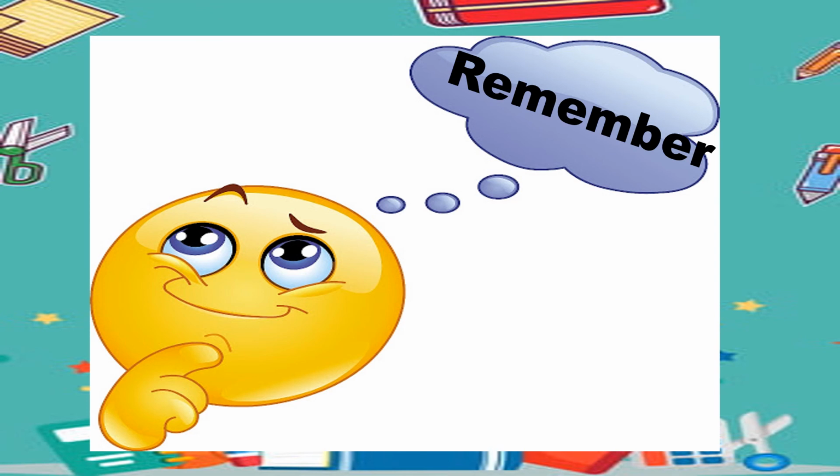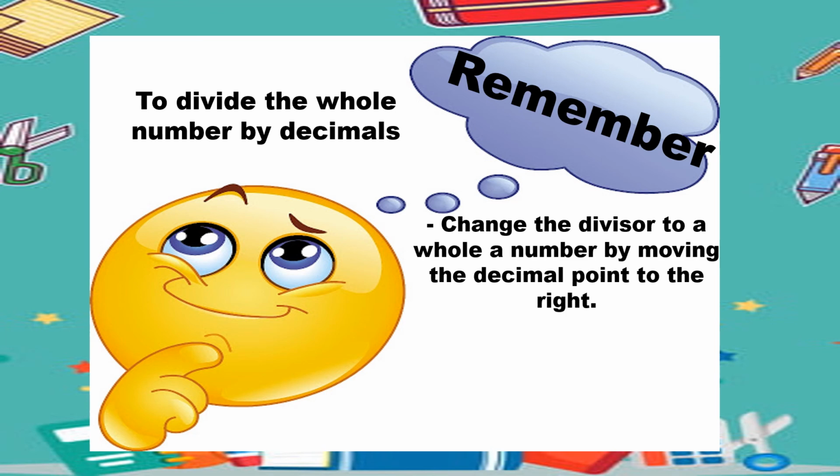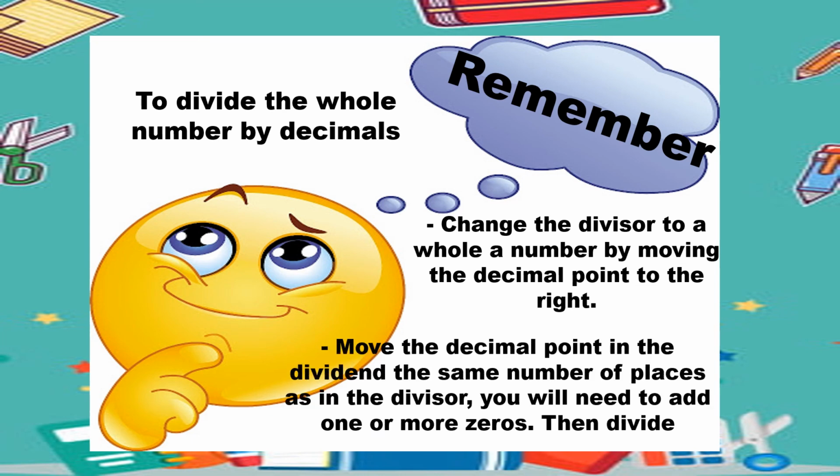Remember, to divide the whole number by decimals, change the divisor to a whole number by moving the decimal point to the right. Move the decimal point in the dividend the same number of places as in the divisor. You will need to add one or more zeros, then divide.